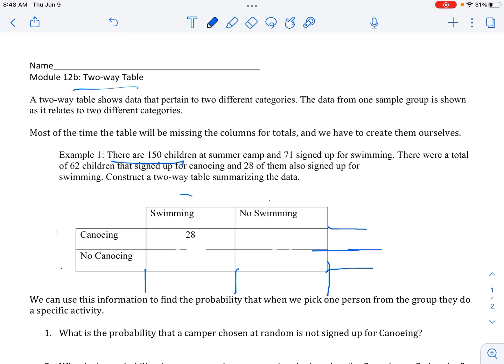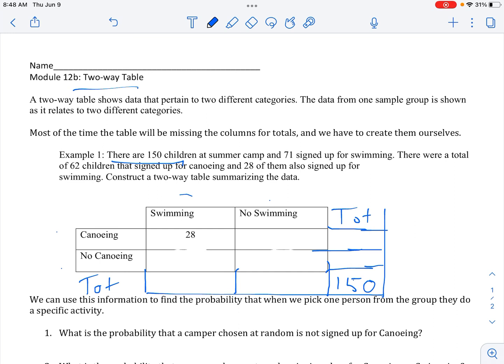So that total is actually going to go down here. This little box at the bottom right corner is going to be our grand total box. And so we can even add, if you wanted to, the idea of total. All right, so 150 total children.